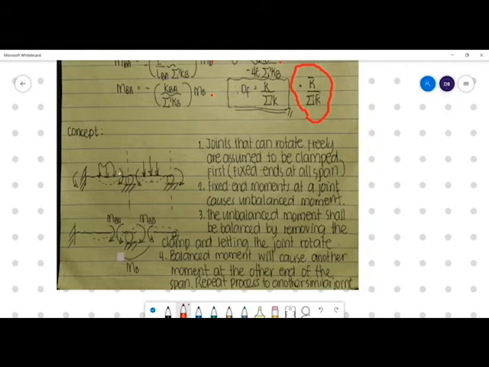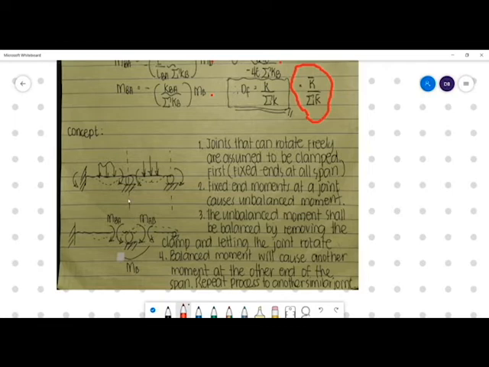So hindi balance yung moment natin dahil sa mga fixed end moment. So ngayon, we are going to allow rotation.